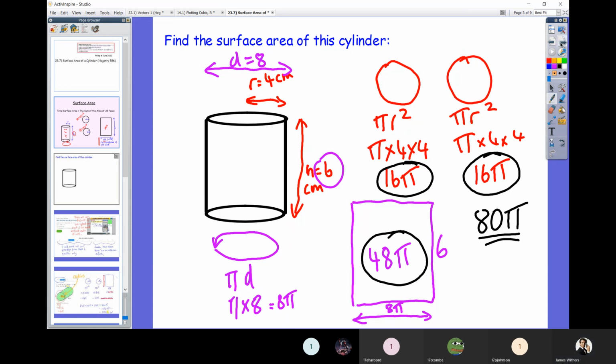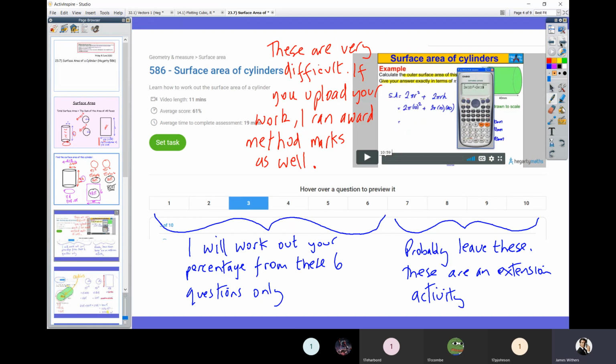So this is going to be a challenge, but I would like you to try and do Hegarty 586. Now, I propose, a bit like when we did the surface area of triangular pyramids, that I'm only going to look at the first 6 questions here. So please just go and do the first 6 questions.